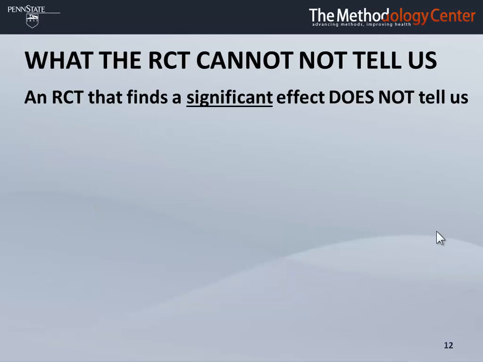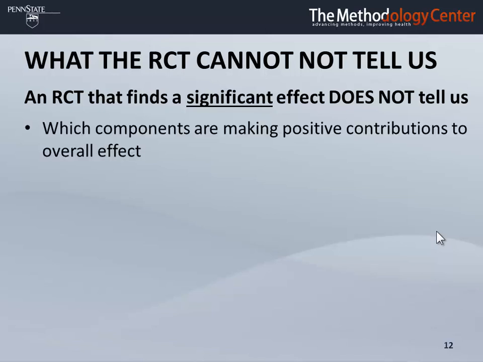So let's go back to the RCT for a second and think about what can the RCT tell us and what can it not tell us. Well, suppose you have a treatment package you're interested in, you subject it to an RCT, and yahoo, you have a significant RCT. So now, what don't you know? You don't know which components are making positive contributions to the overall effect.